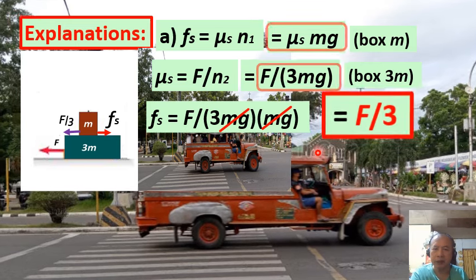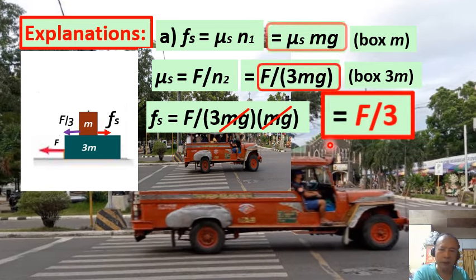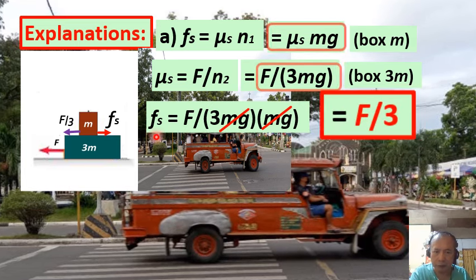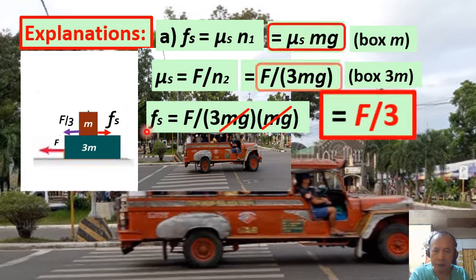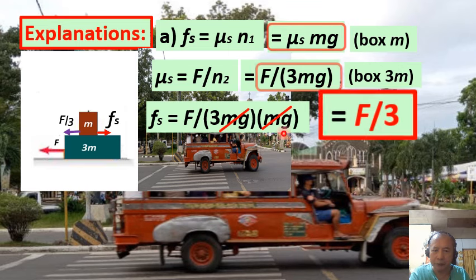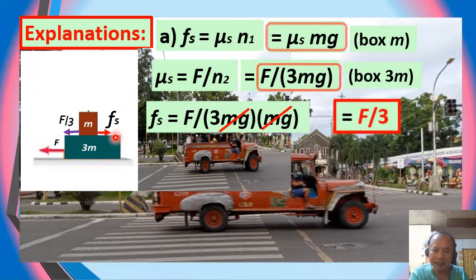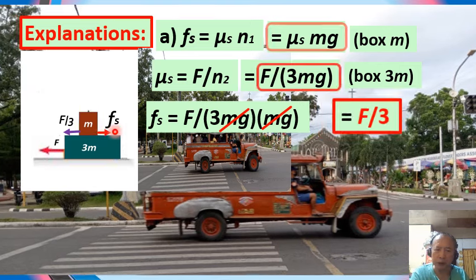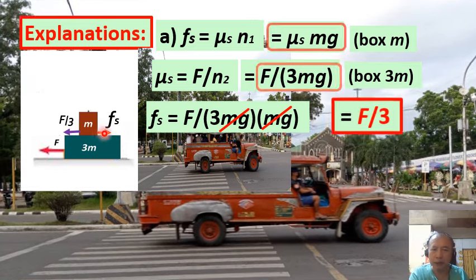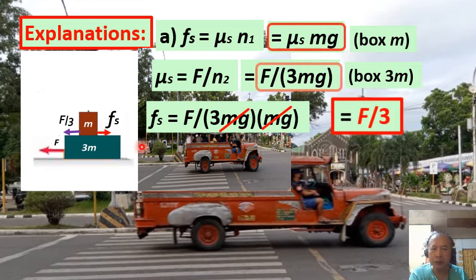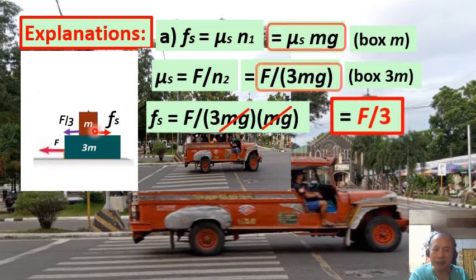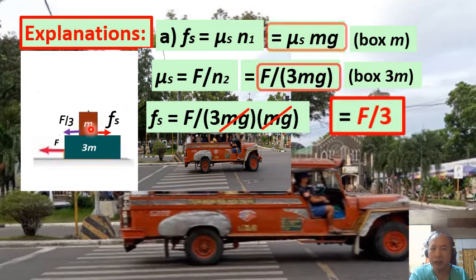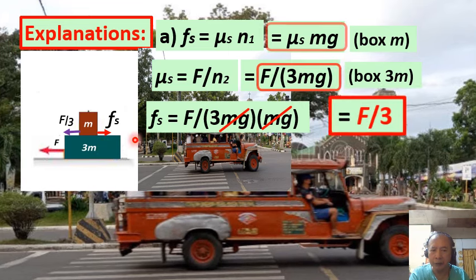So this is the static friction that is experienced by box M. And in our diagram, you will notice that the force F over 3 balances, meaning it is equal but opposite to the static friction. That explains why the smaller box remains at rest relative to the larger box. It does not slide over the larger mass.